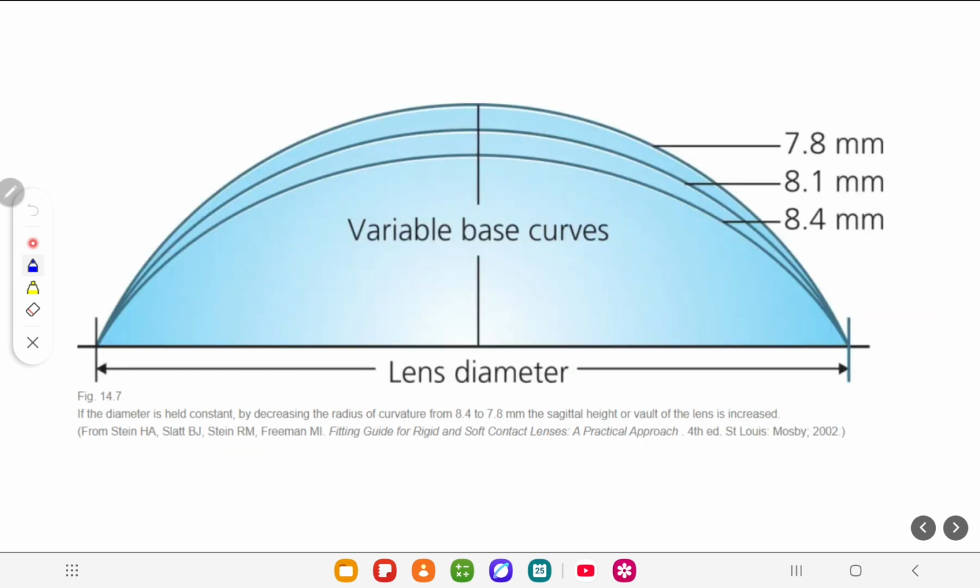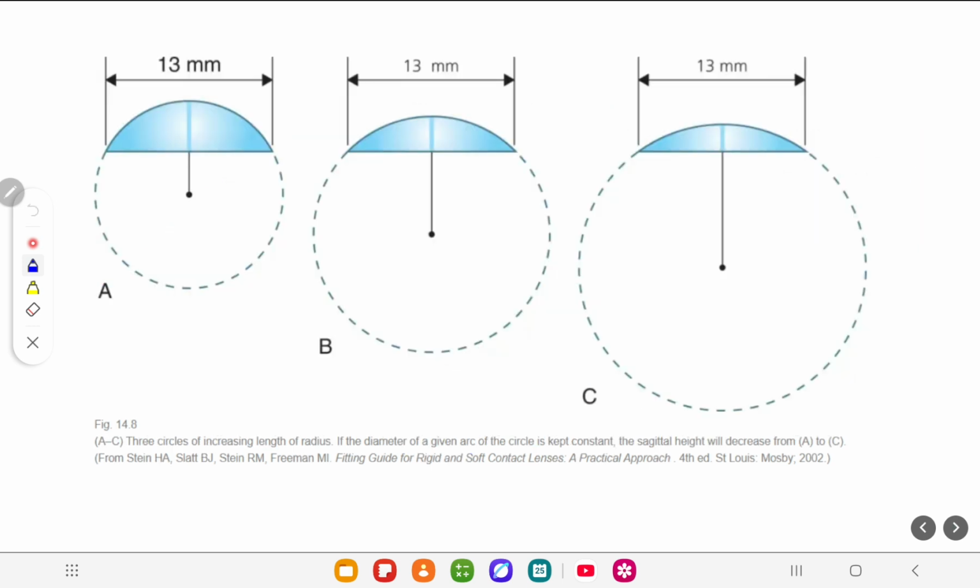I have already shown you that with the same diameter, when we decrease the radius of curvature, or increase the curvature, because radius of curvature and curvature are opposite things, sagittal height increases. We have to keep the lens diameter constant. Again, same thing: the radius of curvature is equal, but sagittal height 1 is larger than sagittal height 2, then sagittal height 3.